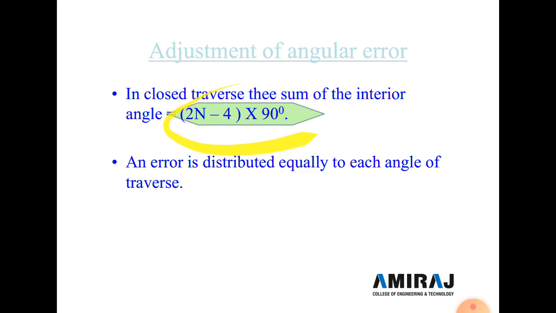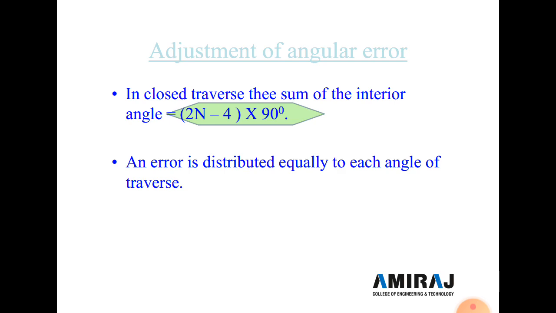Here n is the number of lines, like A to B, B to C, C to D, D to E, E to A. So there are 5 lines, so we put the n value as 5. The sum of interior angles is (2 multiplied by 5 minus 4) into 90.